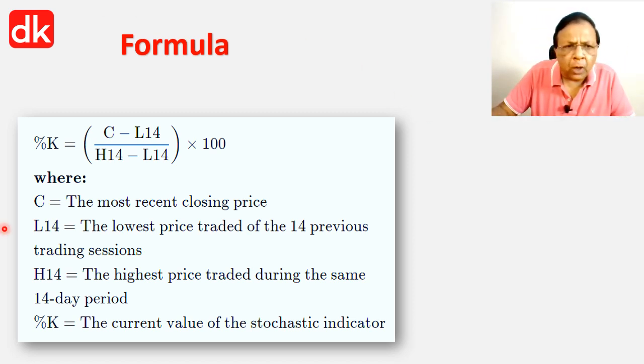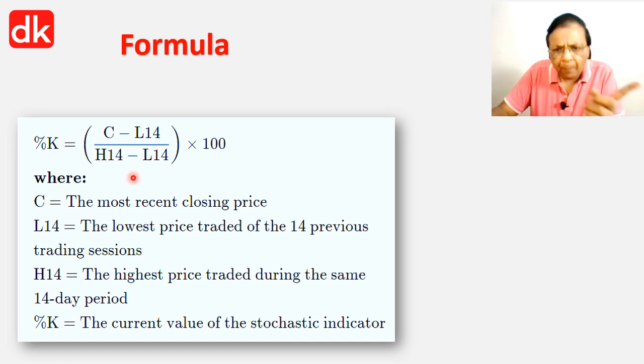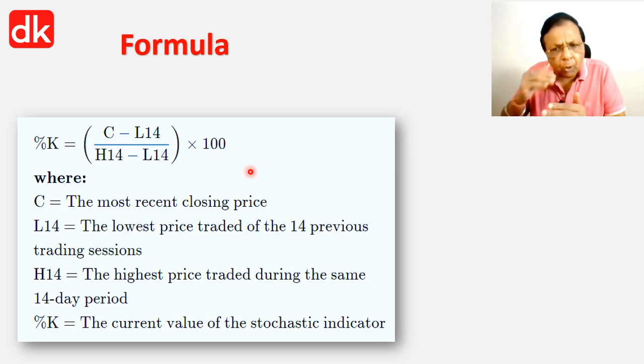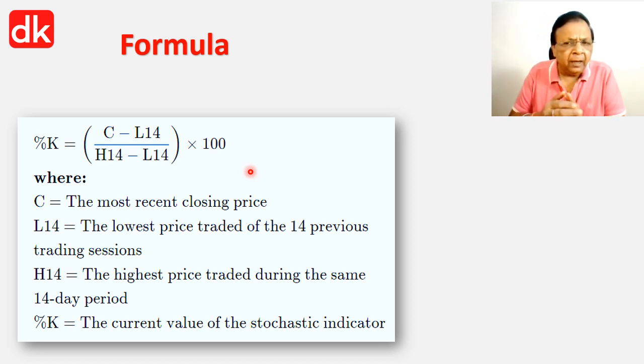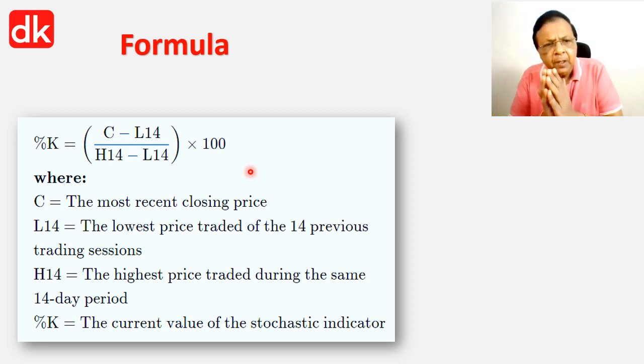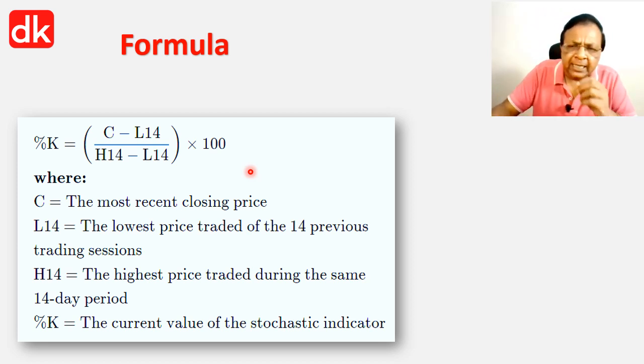Now in this formula, percentage K is equal to (C minus L14) divided by (H14 minus L14), into 100. The moment we multiply with 100, it calculates the percentage, and hence it is percentage K. Now let us understand each and every element of this formula.